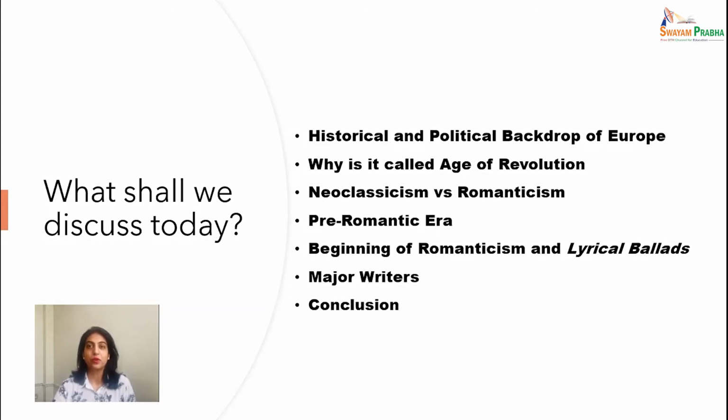It will be followed by the beginning of the Romantic era and lyrical ballads. Thereafter, the major writers of the era and their contribution will be discussed, and finally, there will be the conclusion.